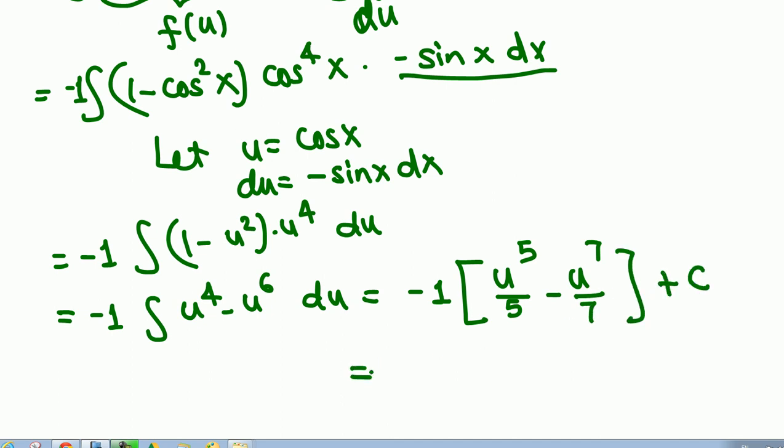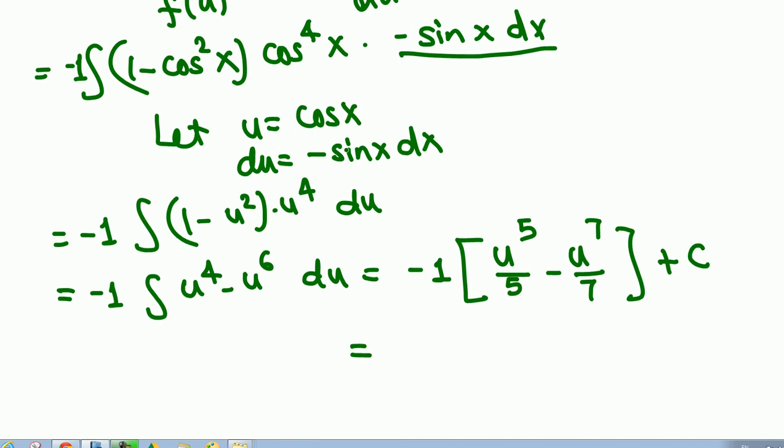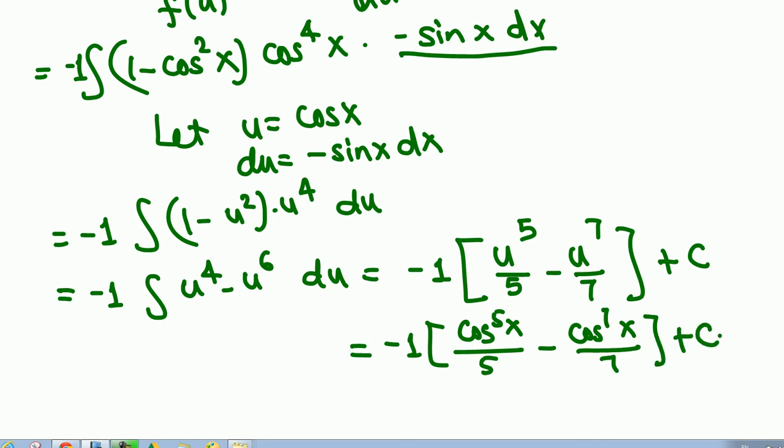Back substitute the value of u, we are done. u is cosine x. So negative 1 times cosine fifth x over 5 minus cosine seventh x over 7, plus c. Final answer.